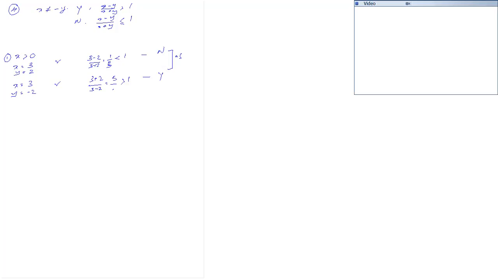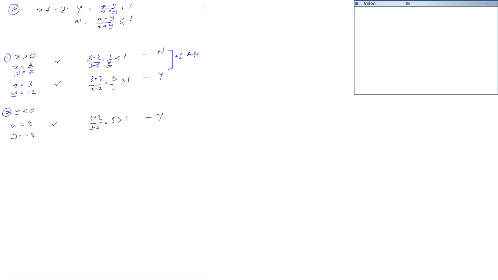So A and D are gone. If you take a look at the second statement, y is less than 0. Let me take the same values as above: x equal to 3, y equal to minus 2. Fact statement happy. (3 plus 2) upon (3 minus 2) gives 5, which is greater than 1. So I get a yes. Can I get a no? Yeah, certainly. I just flip these values.